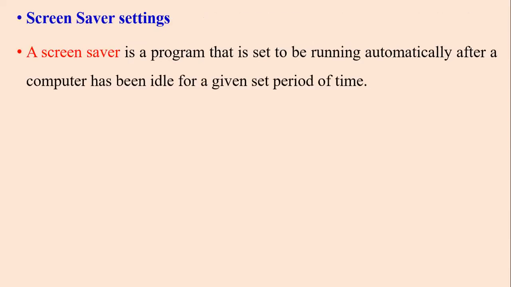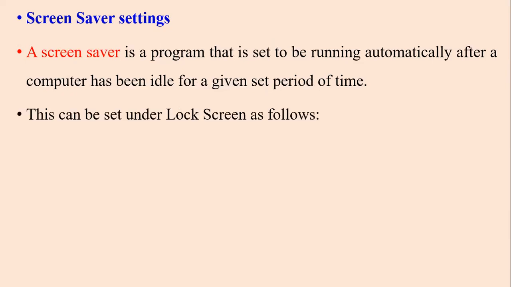So how do you set your screensaver in Windows 10? A screensaver is a program that is set to run automatically after a computer has been idle for a given set period of time. This can be set on the lock screen as follows.